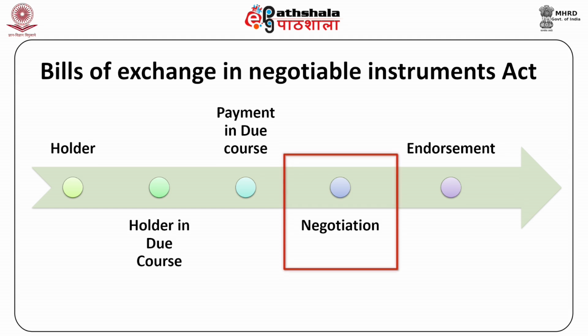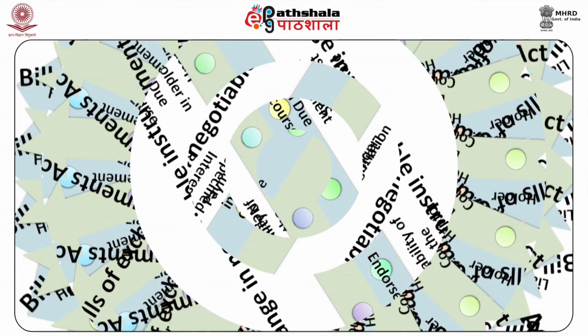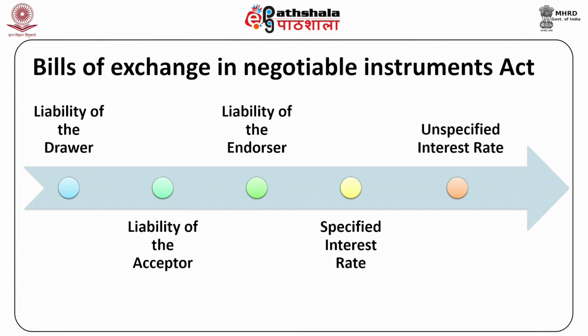As per Section 14, it is the transfer of a bill to a person for a consideration such that the person is entitled to claim the bill amount. Number 5. Endorsement. As per Section 15, it is the signing of the bill of exchange by its holder for the purpose of transferring it.